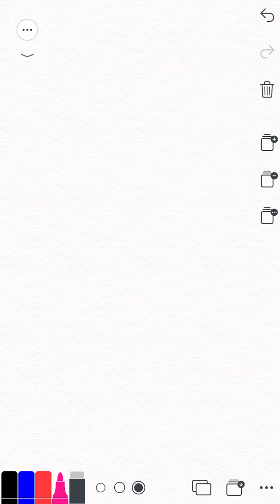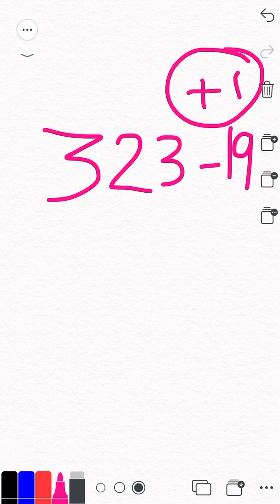Now in subtraction, we have, let's say, again, 323 minus, let's say, 19. Now we have to add 1 here. And in subtraction, when we adjust the second number, when we add to the second number, we have to add to the answer.